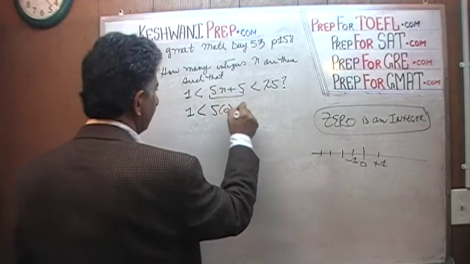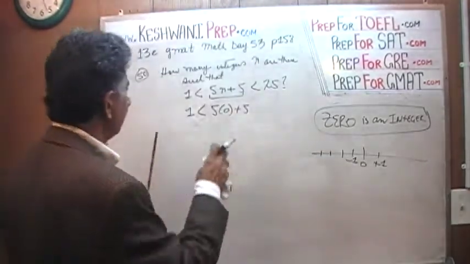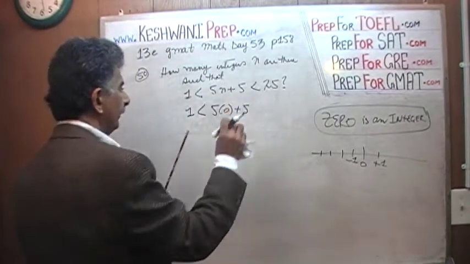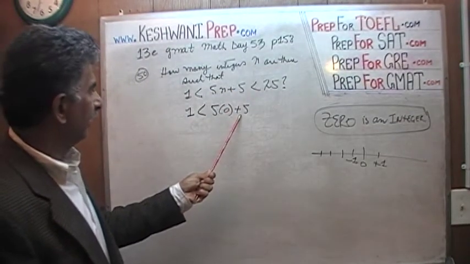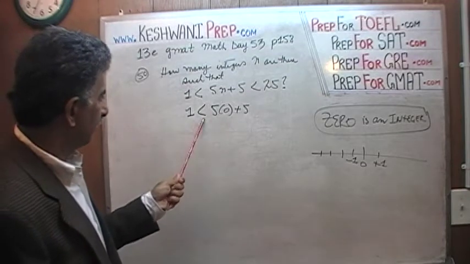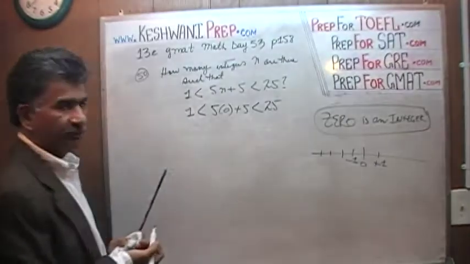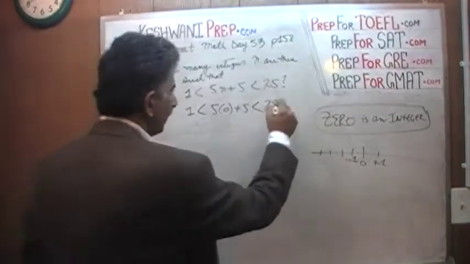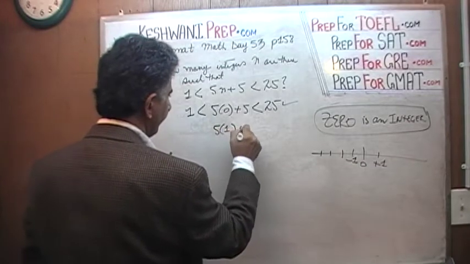5 times 0 plus 5. Now as you can see clearly, 5 times 0 is 0, 0 plus 5 is 5, and 5 is in fact more than 1 and less than 25. That one works. Let's put in 1.